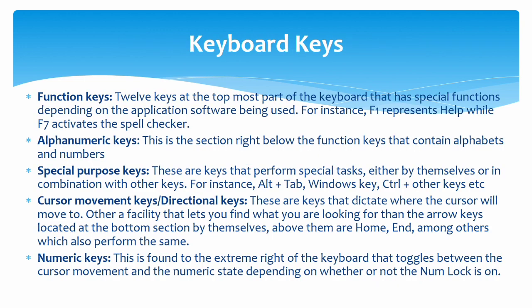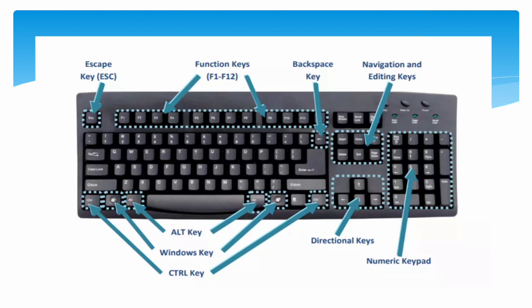Keyboard keys are in categories. We have functional keys. I'll be illustrating by showing you a picture. So functional keys, if you look at my diagram, functional keys are these ones. They are 12. They are at the top of the keyboard.